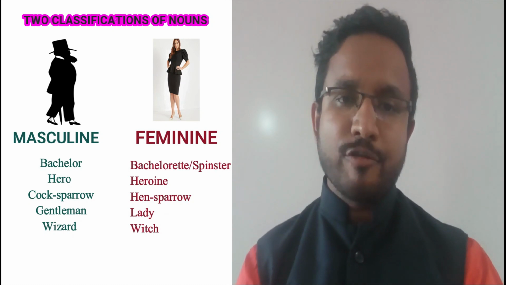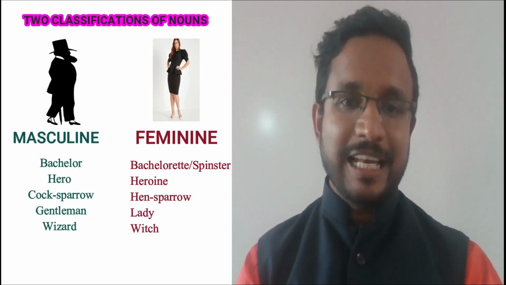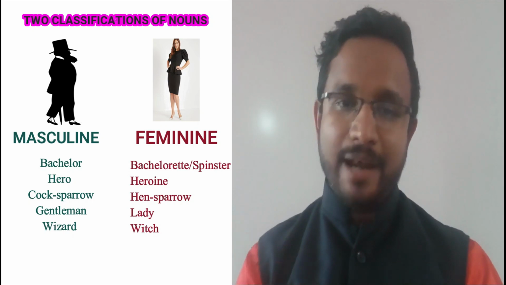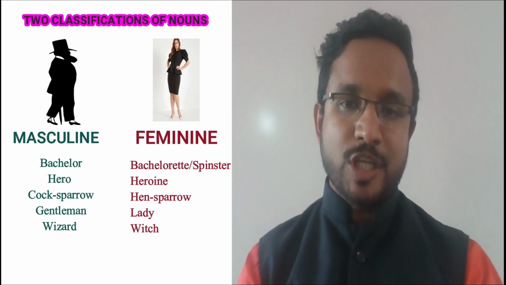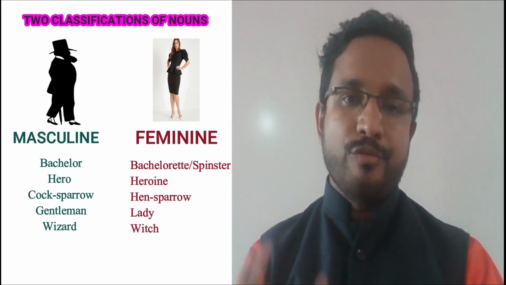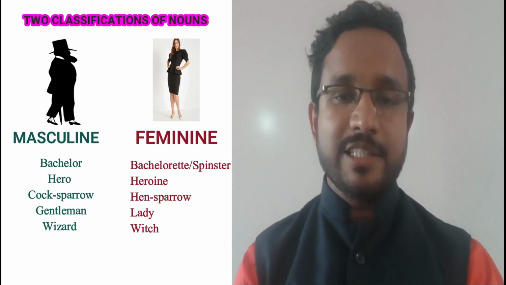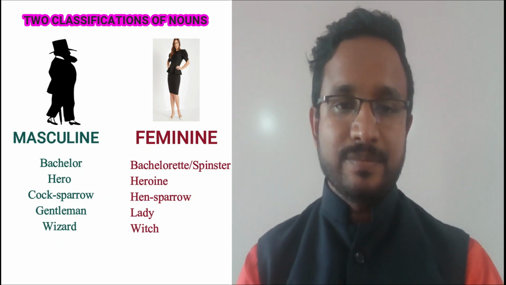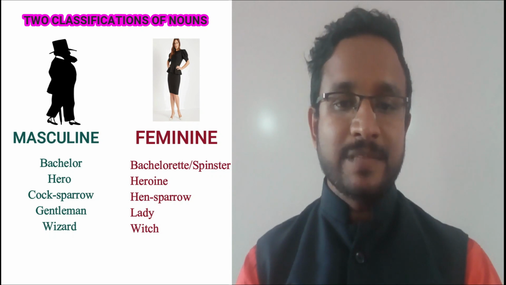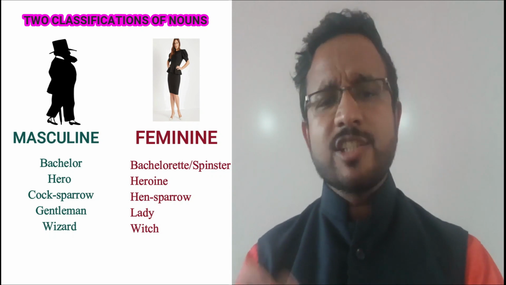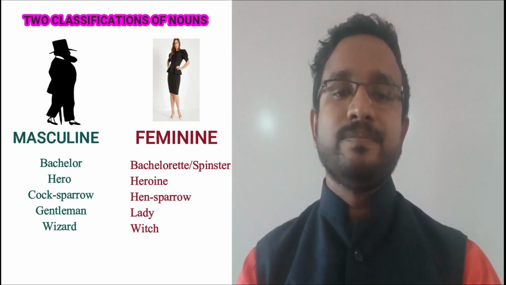And what are the singular forms of those nouns? Lady and gentleman. So, the masculine form of the noun is gentleman and the feminine term is lady. Gentleman, lady. Let's take another example.